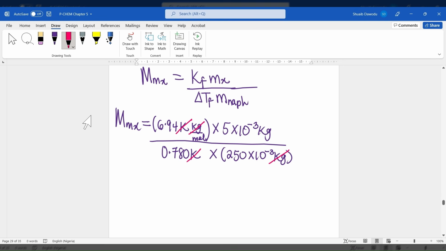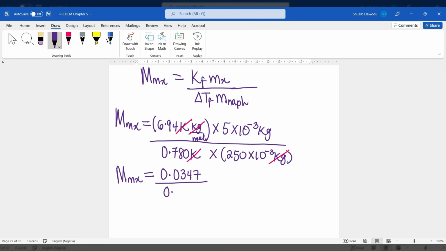So we have M sub X is simply 6.94 times 5.00 times 10 to the power of negative 3, whatever you want to call it. The numerator is simply going to be 0.0347, divided by 0.780 multiplied by 250 times 10 to the power of negative 3.